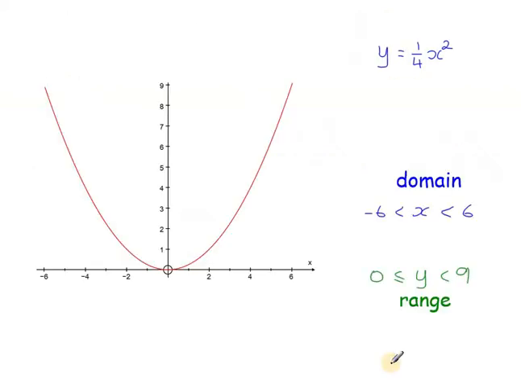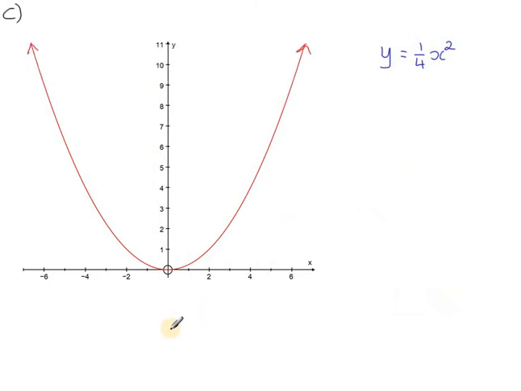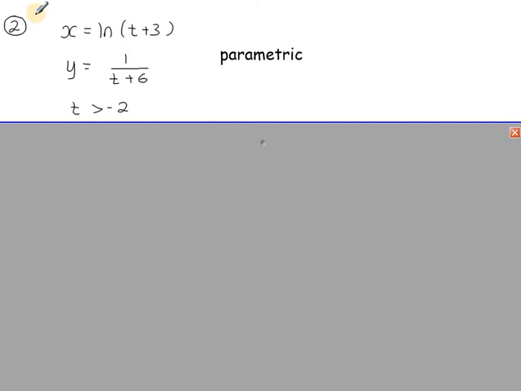So when we sketch the Cartesian equation on the graph, we have to stick to the domain and range that we've worked out. So -6 to 6, like this, not including those values. The range starts from 0 all the way up to, but not including 9. This is the correct graph. This one is wrong.